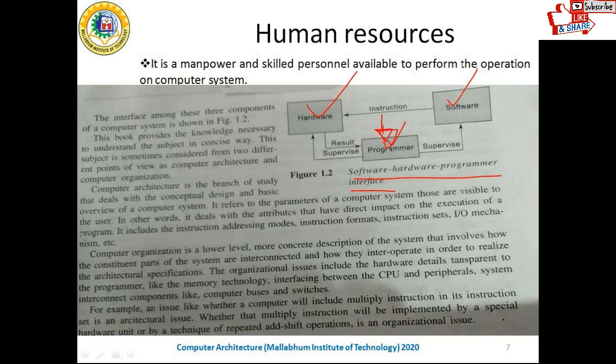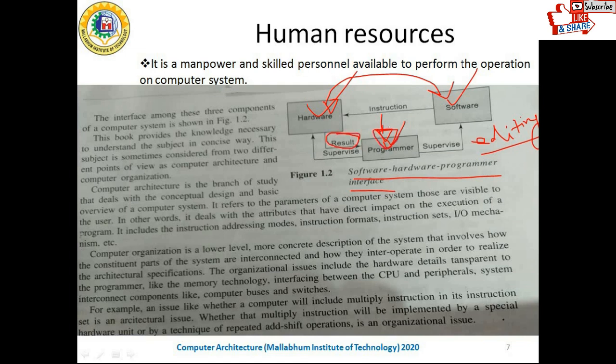So you are providing some amount of editing operation in Microsoft Office or Microsoft Word, and depending on your supervision, with the help of the hardware, software and the computer system, the computer is providing some result to you.